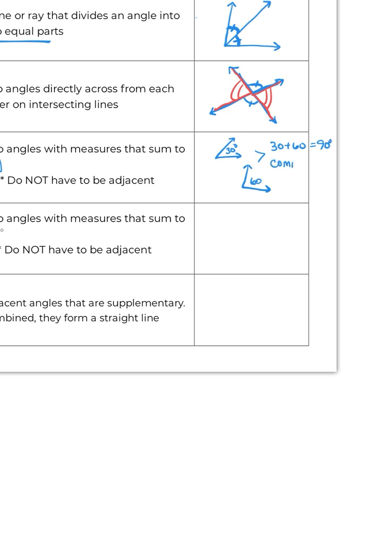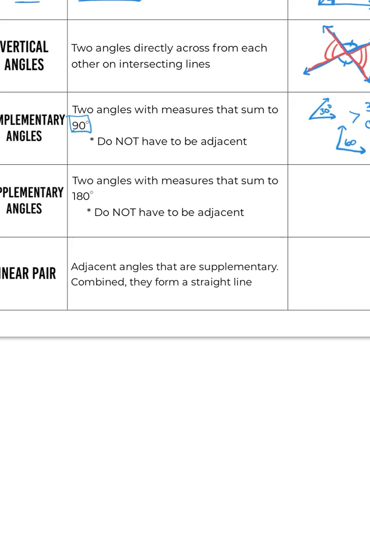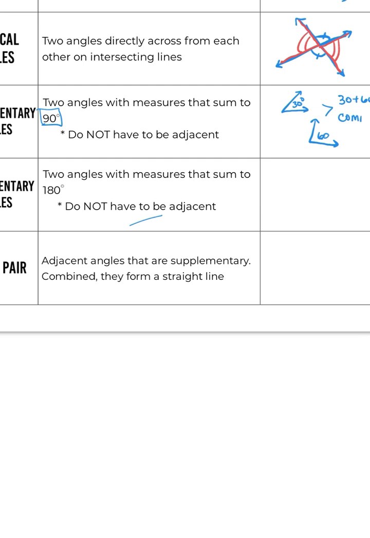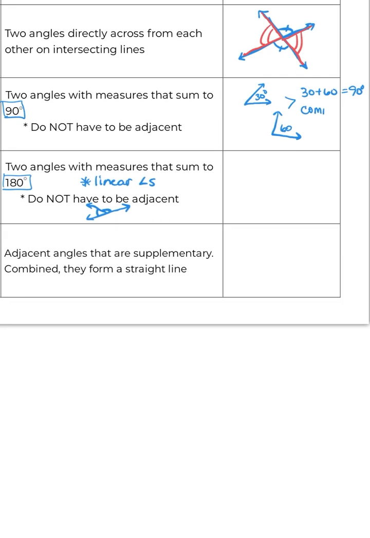Then we have supplementary, which is one that you will see a lot. Two angles that add up to 180. So these are going to be your linear angles. So anytime you have a straight line or two angles that add up to a straight line, so I have this angle, I have this angle over here, that means they're going to add up to 180.